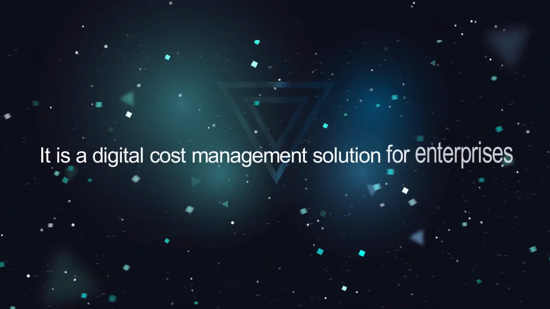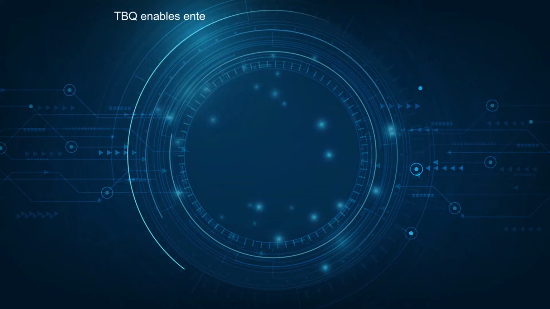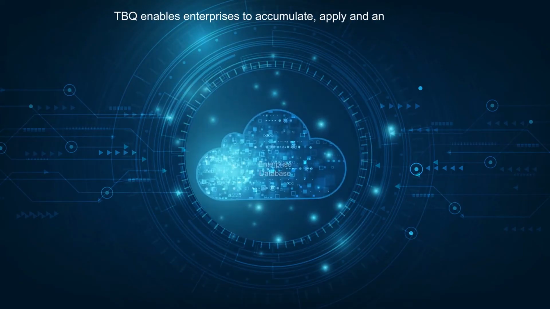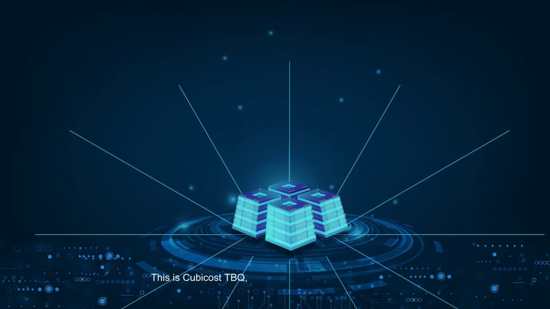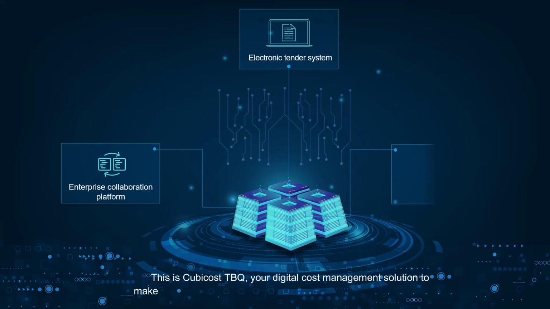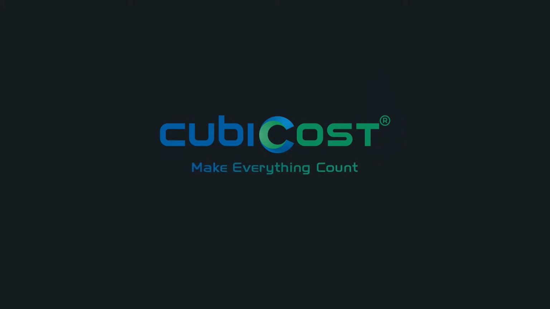It is a digital cost management solution for enterprises. TBQ enables enterprises to accumulate, apply, and analyze data. This is Cubicost TBQ, your digital cost management solution to make your cost management more efficient, intelligent, and professional.